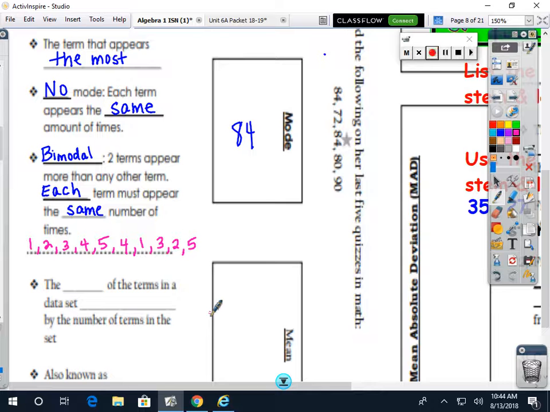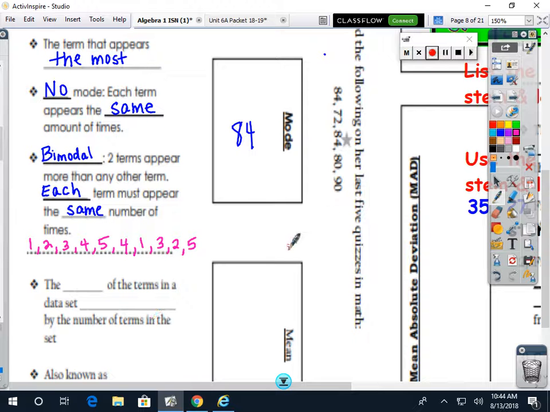So what's the mode? No mode. We're back to no mode because now none of them repeat more than the others. Remember, no mode is when each term appears the same amount of times. You have 2 1s, 2 2s, 2 3s, 2 4s, 2 5s.